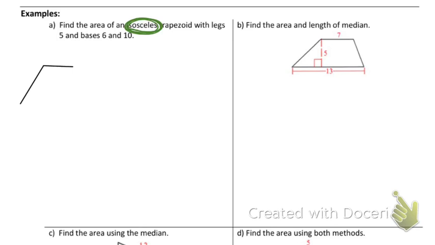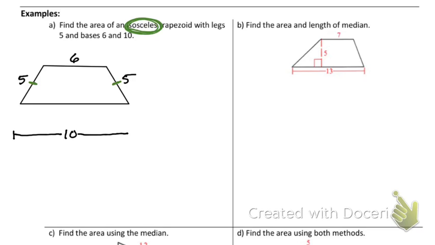So let's draw a trapezoid. Make it isosceles by putting tick marks on both of the legs. So if one leg is 5, then the other one is 5 as well. It also says we have bases 6 and 10. Rather than putting my 10 there, I'm actually going to draw a little line and say the full length is 10.